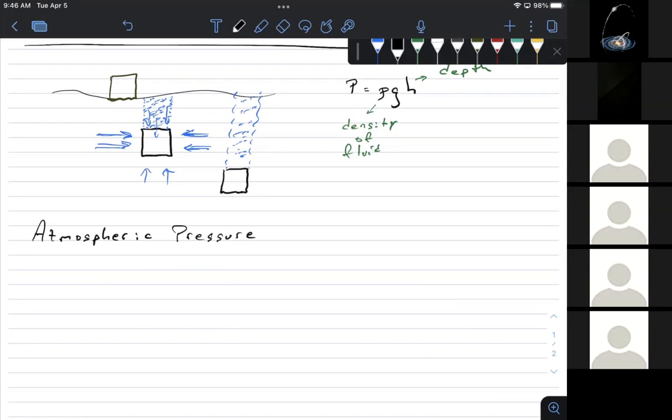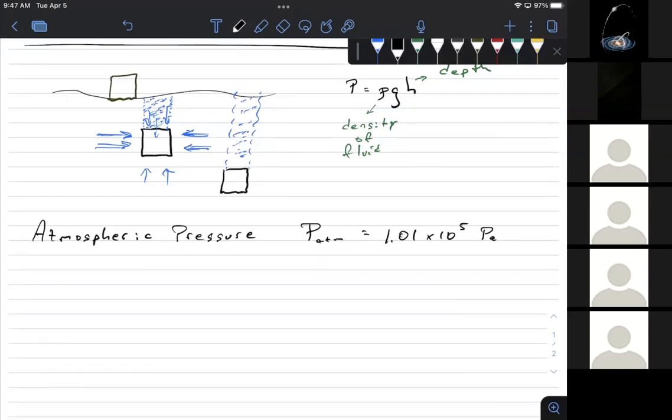I'll use the symbol P_atm. And it turns out to just be a constant. Like I said, this is an average number because it does depend on your altitude, but we'll use for our purposes 1.01 times 10 to the 5th pascals. So we automatically say every object, even if it's not underwater yet, already feels atmospheric pressure.